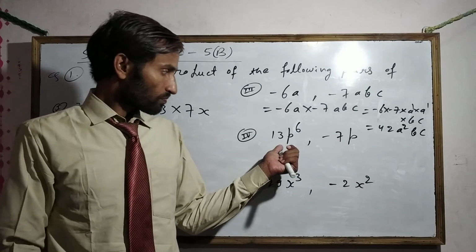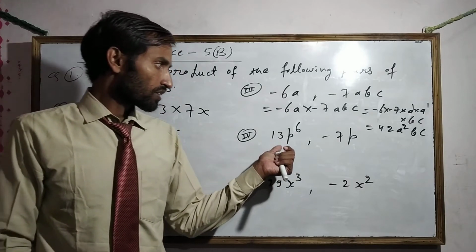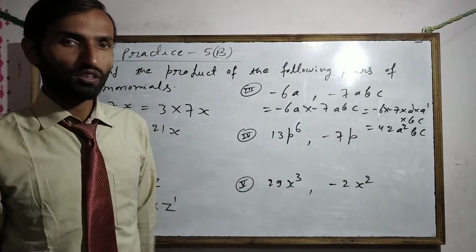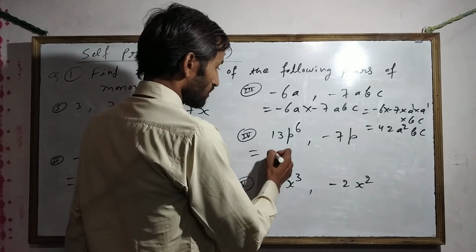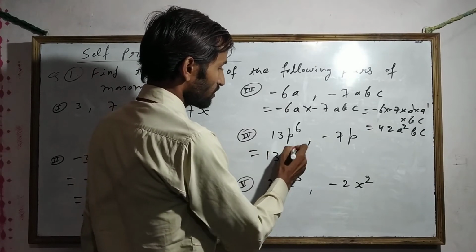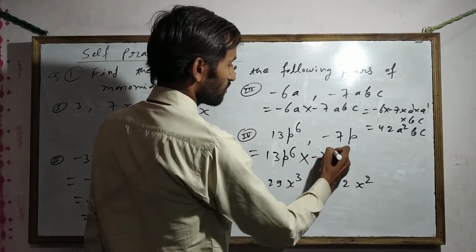Next one, fourth part: 13p power 6 and -7p, where nothing is written as the power, meaning 1. So we put 13p power 6 into -7p.